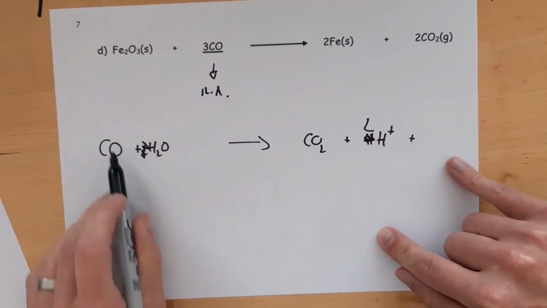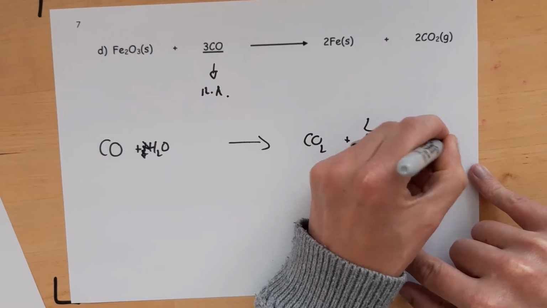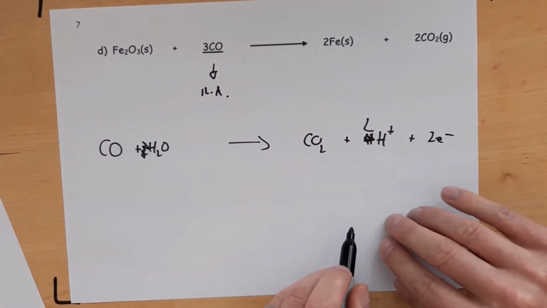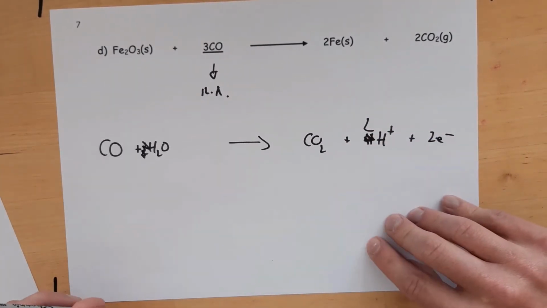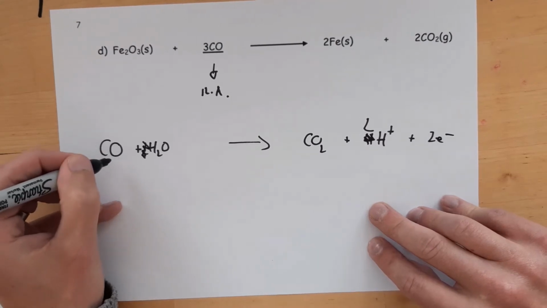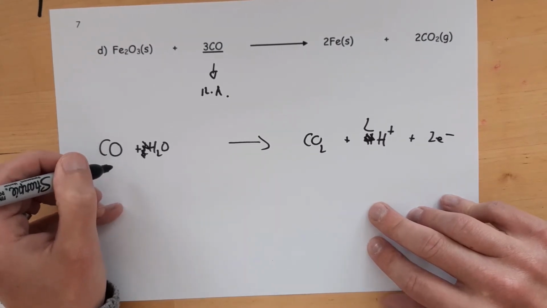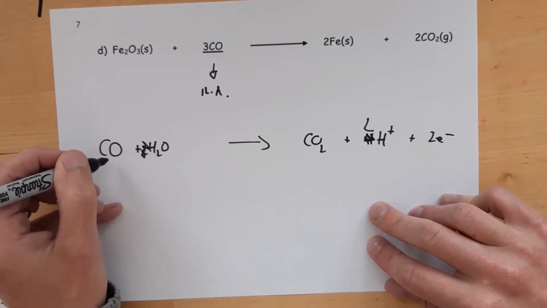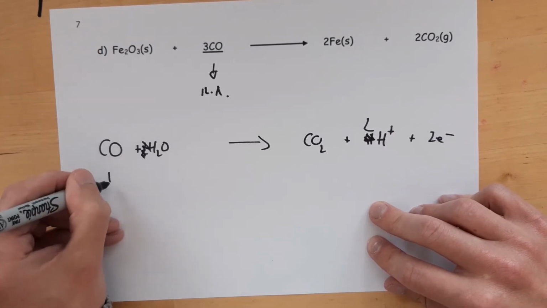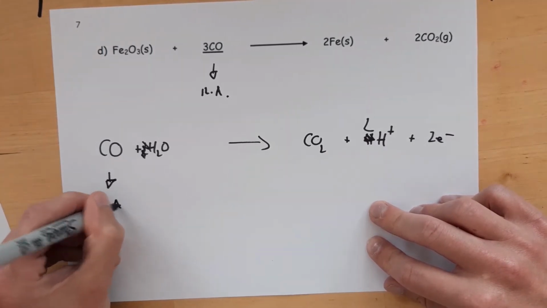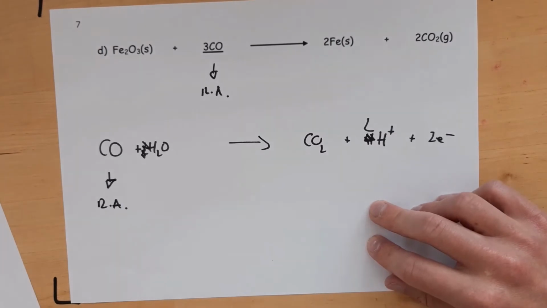Over here, our charge is neutral. Over here, it is now neutral as well. So what has happened here? Well, this chemical here has lost electrons, therefore it has been oxidized, therefore this is the reducing agent, which fits what we were saying earlier on.